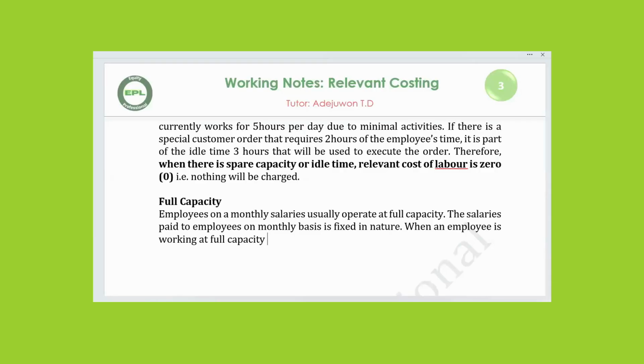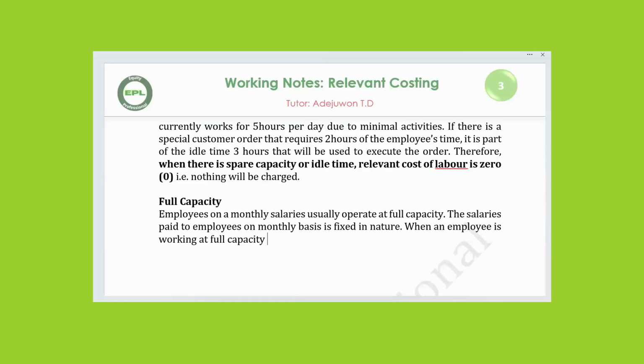You are supposed to work for 8 hours in a day. Even that 8 hours is not sufficient. So you are fully engaged. At that point, because you are fully engaged, the company is not going to incur any extra cost on your salary. The salary you earn is fixed.